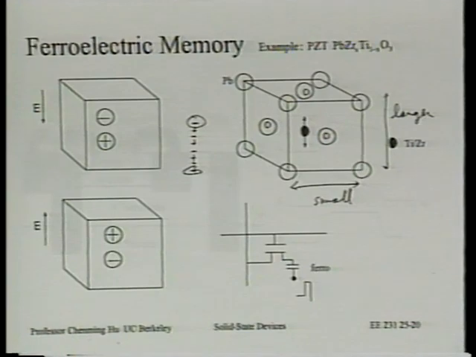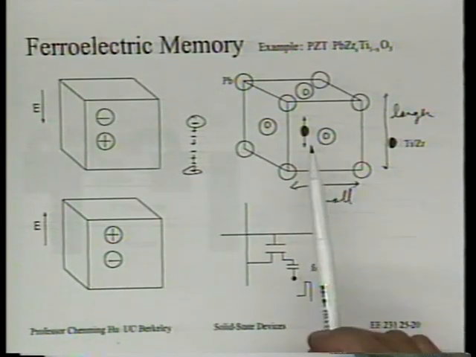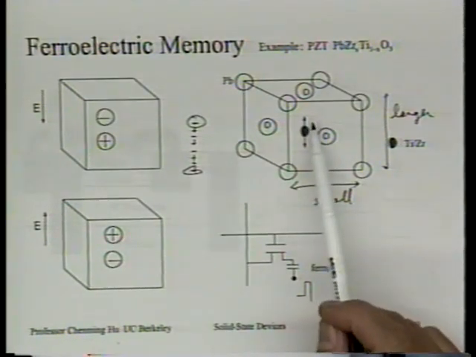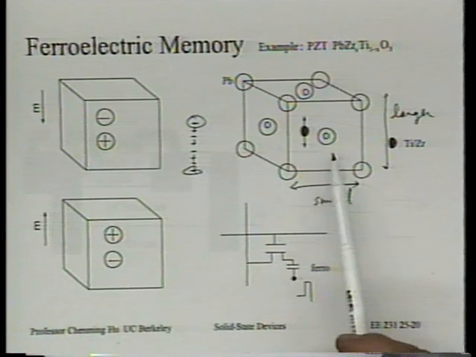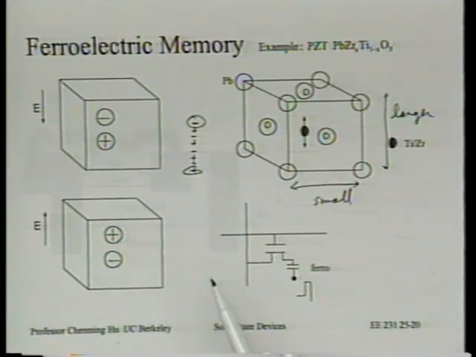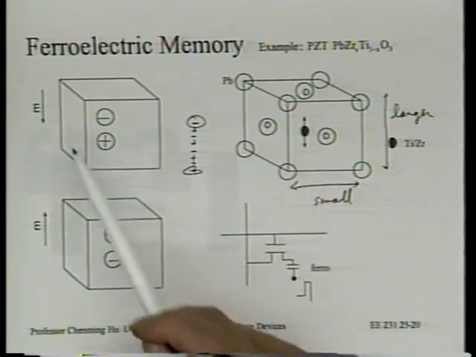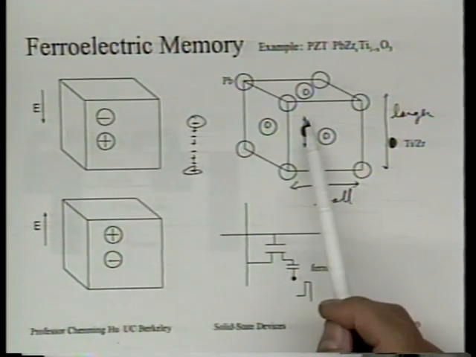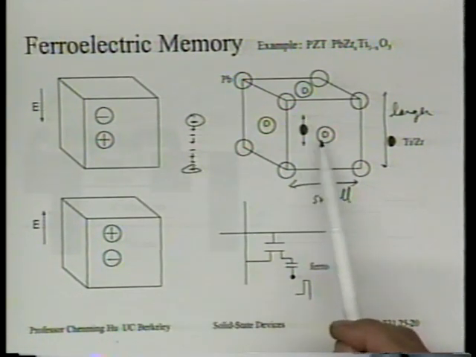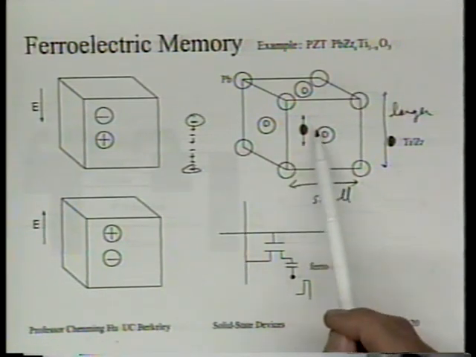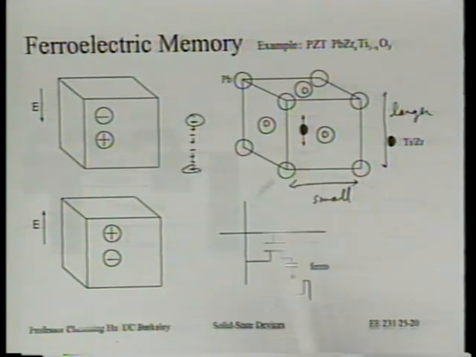All right? Okay? Next, if you want to change the location, suppose that the ion was on the upper half of the plane. How can you move it to the lower half of the plane? Turns out a very short applied electric field, a pulse of electric voltage, can push this ion from the upper half, squeeze through the channel between the 4 oxygen atoms into the lower half, and then it will stay there happily.